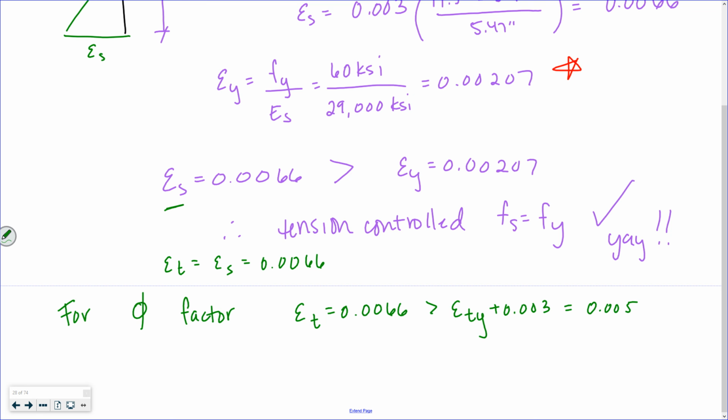So because my ET is greater than my ETY plus 0.003, which is 0.005, I'm definitely tension controlled. Maybe I shouldn't have declared victory so earlier. And my phi factor is equal to 0.9.